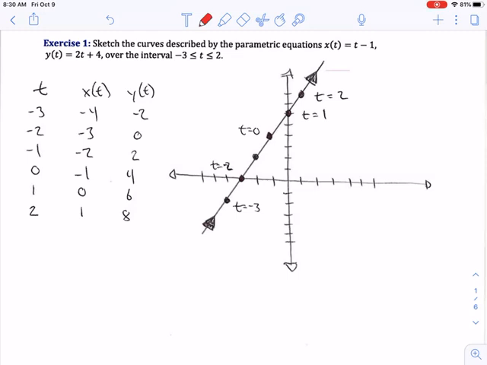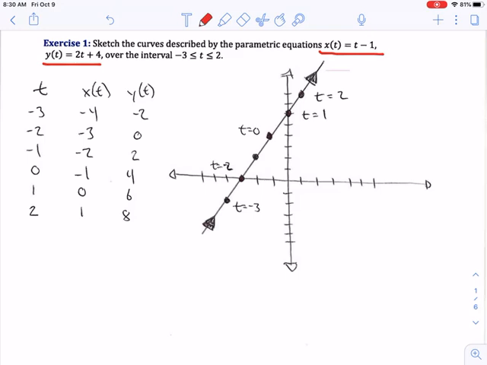So here we have parametric equations. x is a function of t, and the actual rule of that function is t minus 1. y is a function of t, and the rule of that function is 2t plus 4.